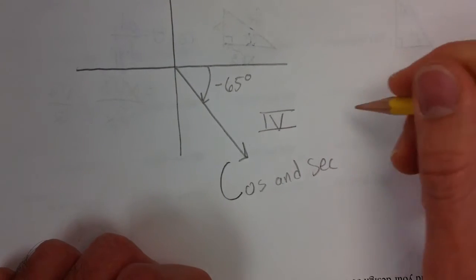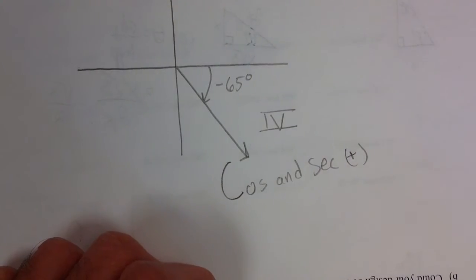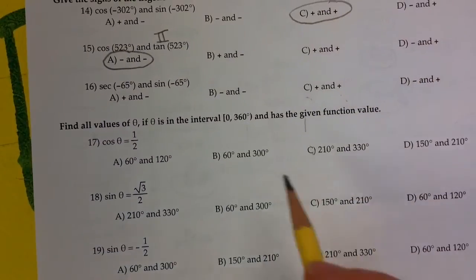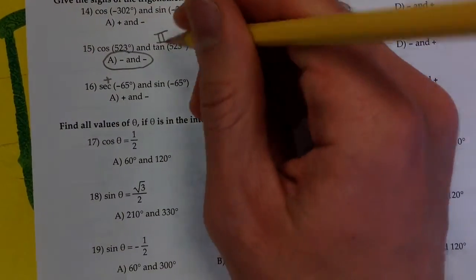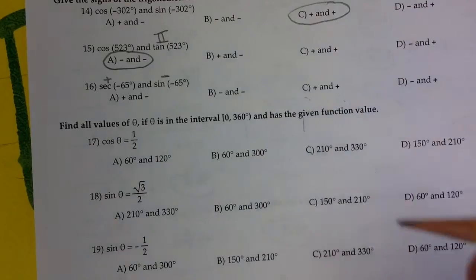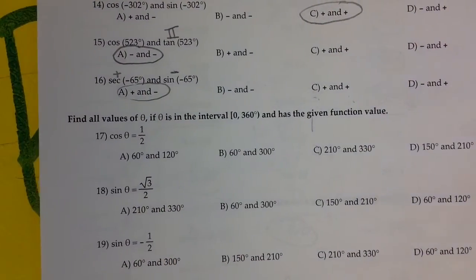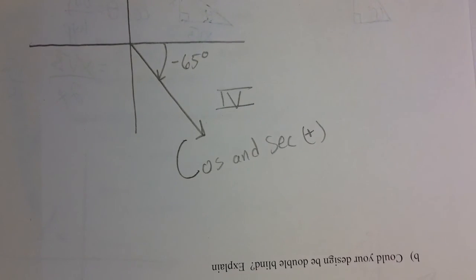I would just commit that to memory. Everything else is negative. So secant is going to be positive, sine is going to be negative. Correct. Why is secant positive? It's the reciprocal of cosine. It is. Okay?